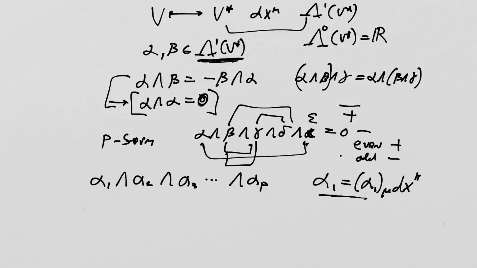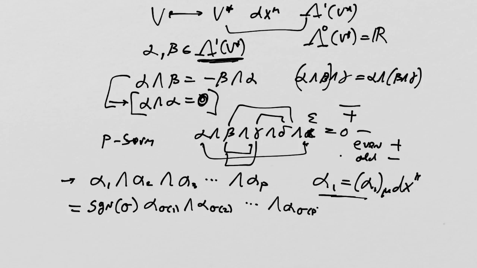So if I create this wedge product p form of p different one forms, then the way most textbooks will write this down is this equals the signature of sigma times alpha sigma 1 wedge alpha sigma 2 ... wedge alpha sigma p, where sigma is a permutation.